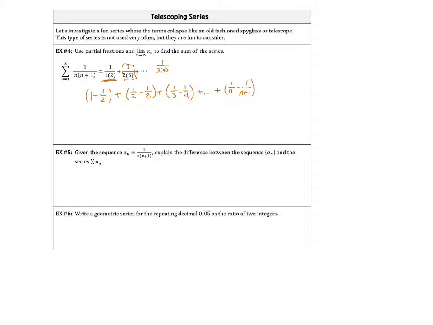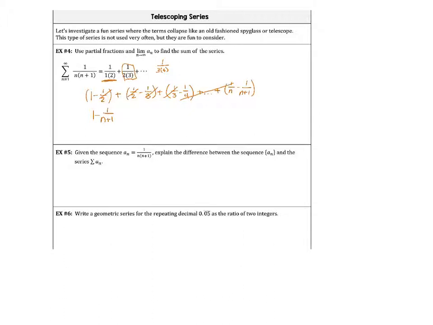And so when we go through, notice that these values are canceling. And so we can extend that all the way out here. And so with this, then notice that we end up with 1 minus 1 over n plus 1. So now we can go ahead and find what our limit is going to be.